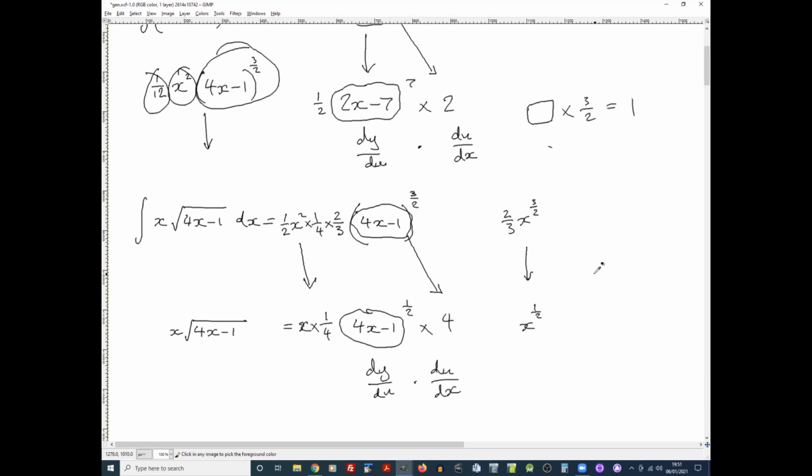Right. The product rule is... Oh yeah, okay. Yep. So it would be half x squared times root 4x minus 1, and then that.